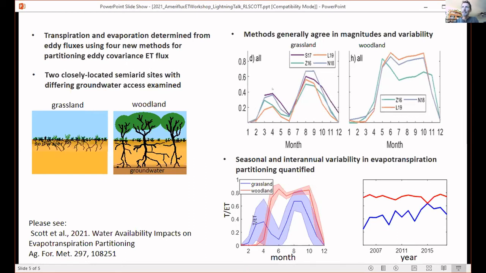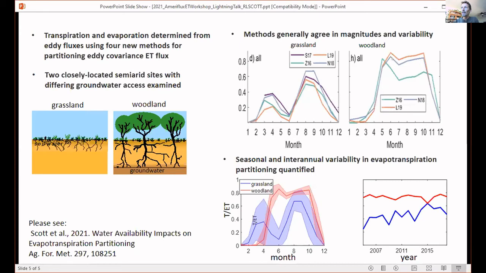And you can see at the grassland, they all had a very similar seasonal cycle. These are monthly means, with the different methods not differing by more than about 10% or so on average. So, consistent seasonal cycle.